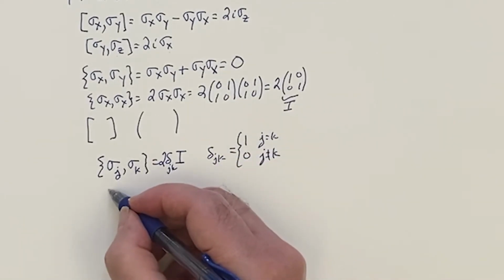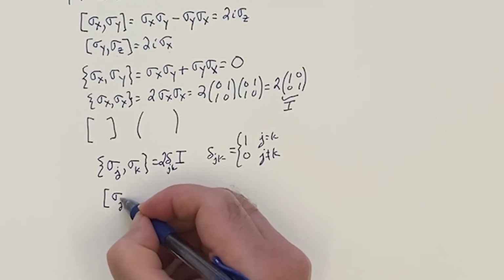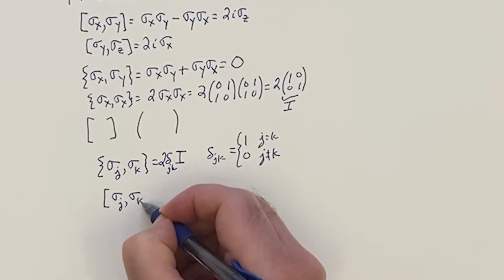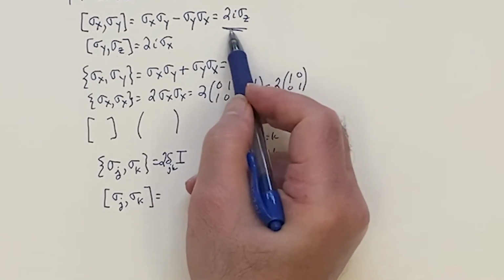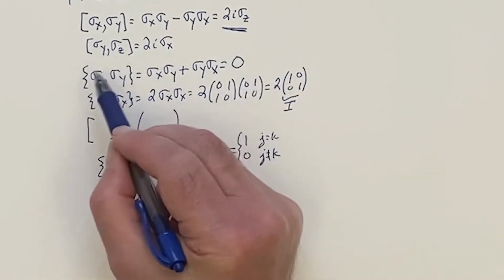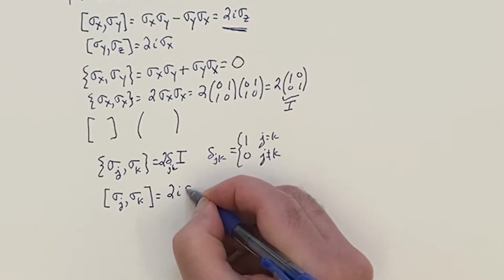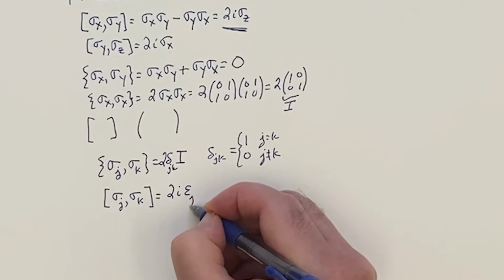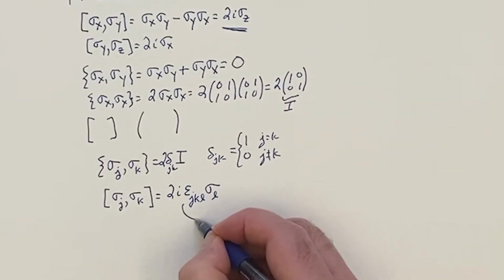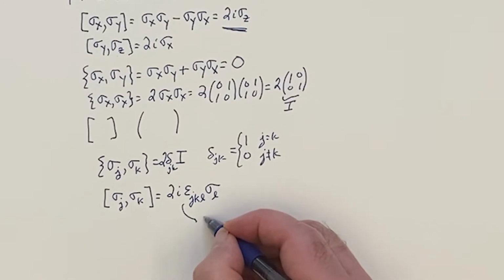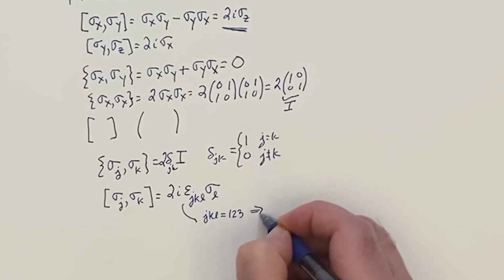And then when you do the other one, the commutator, where you have, say, a sigma J and a sigma K, you're going to find that you're going to get 2 of them. If they're in a cyclic form like X, Y, Z, you'll get 2i, and there's this little symbol, epsilon JKL, where the way this symbol works is if you have JKL equal to 1, 2, 3, you then get a 1.